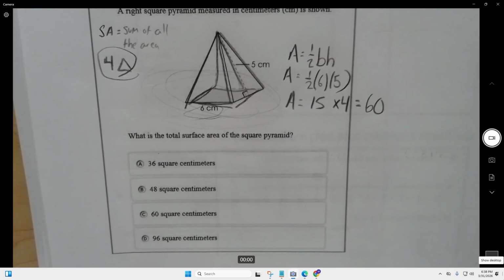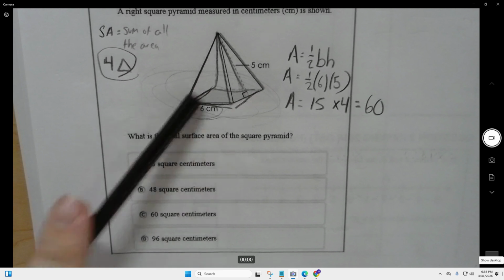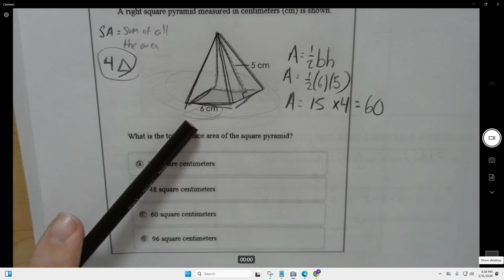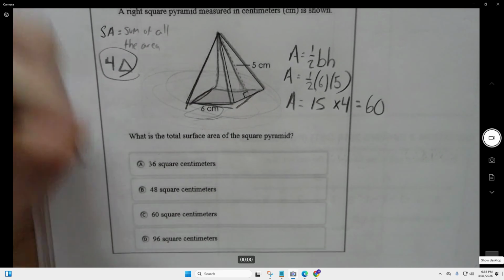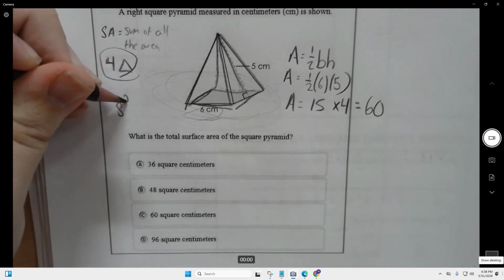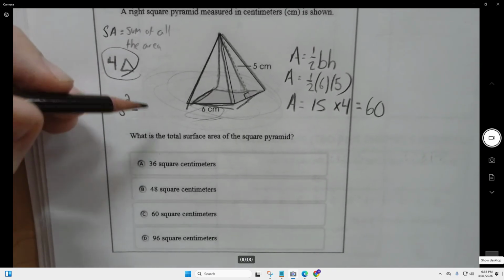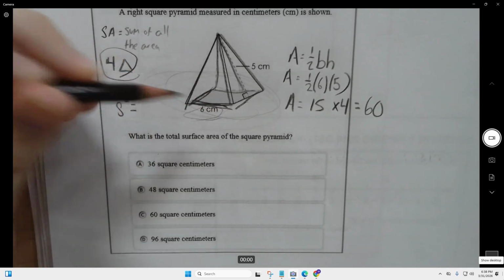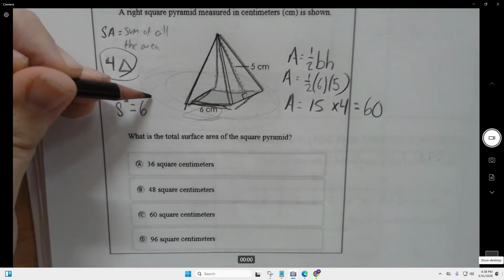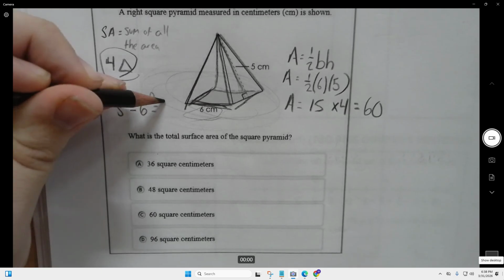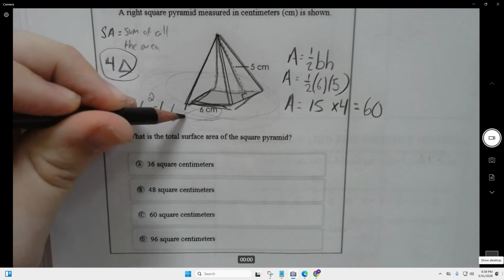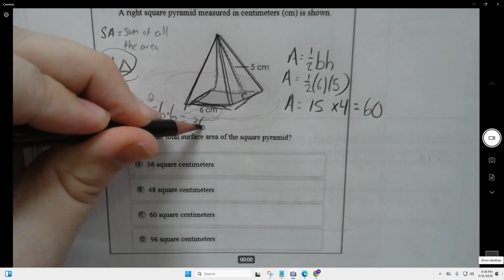However, surface area also accounts for the base, because this also has an area. The square has an area of side squared. One of the sides is 6. 6 to the second power is 6 times 6, which is 36.